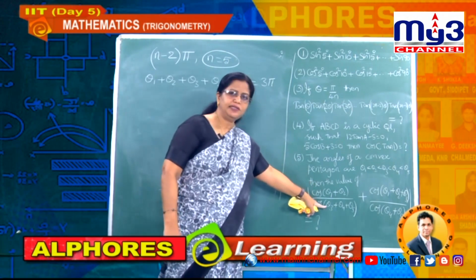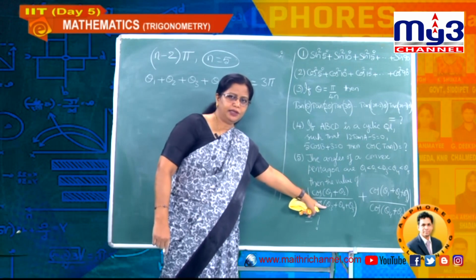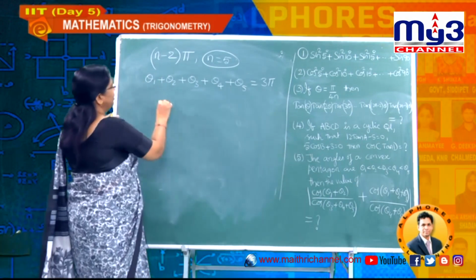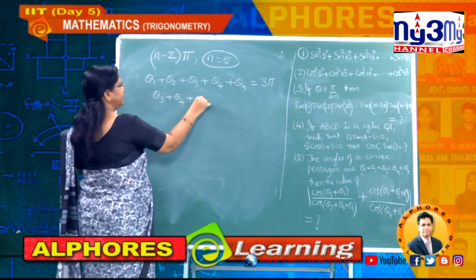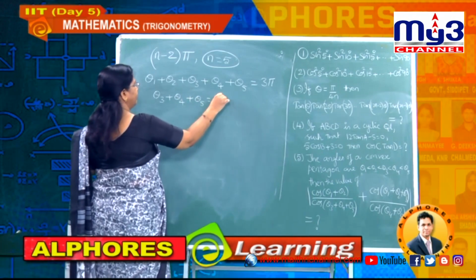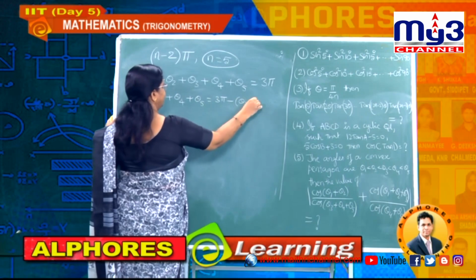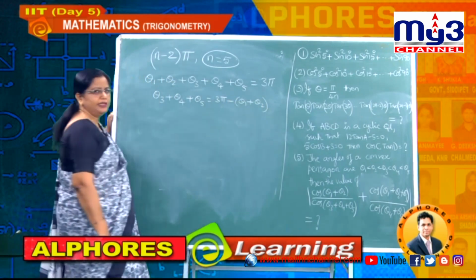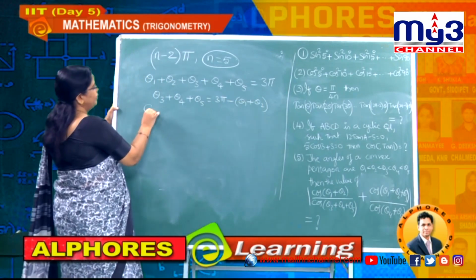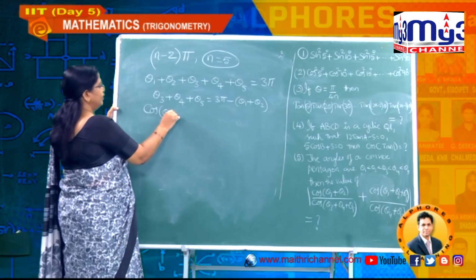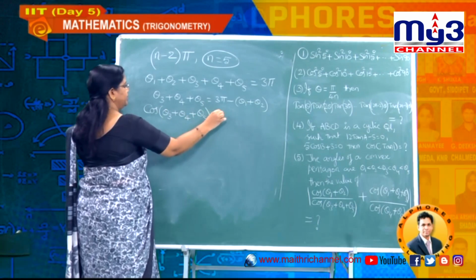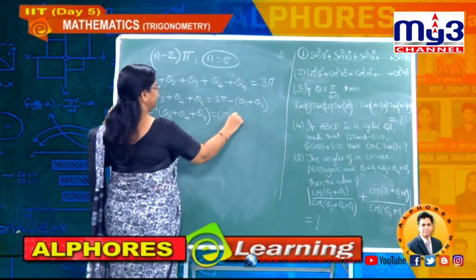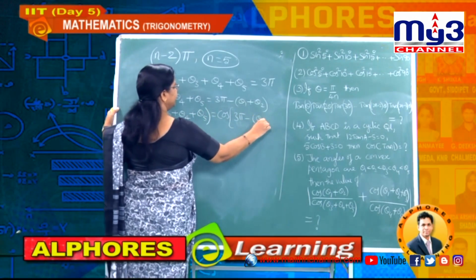The more angles are there, theta 3 plus theta 4 plus theta 5. This is equal to 3 pi minus of theta 1 plus theta 2. Understand? Then what is cos of theta 3 plus theta 4 plus theta 5? It is cos of 3 pi minus of theta 1 plus theta 2.